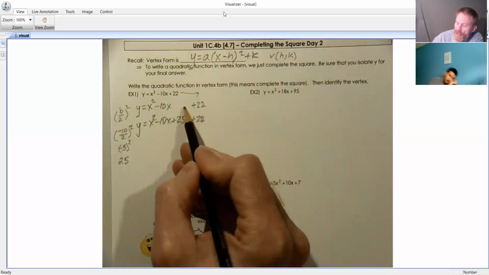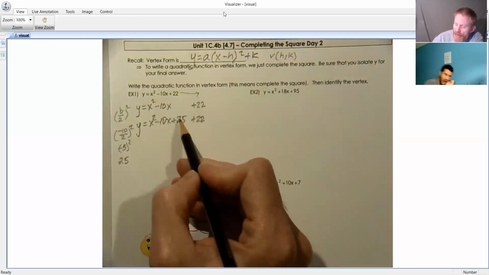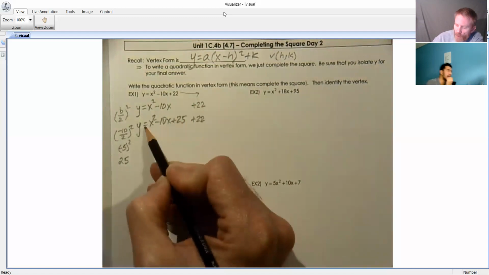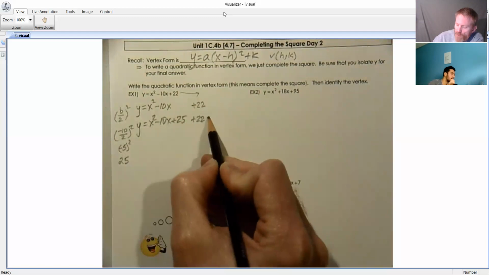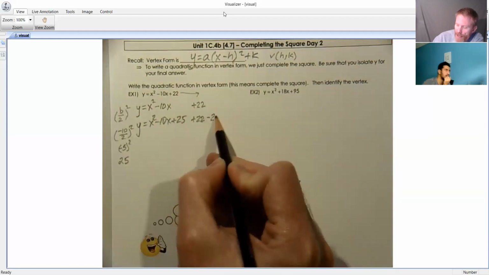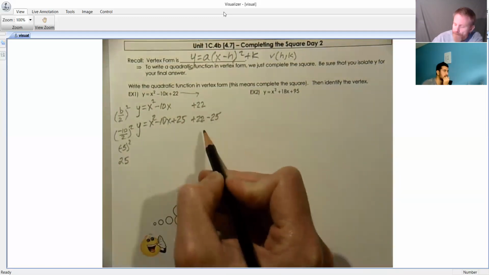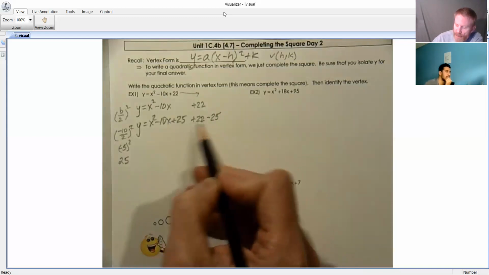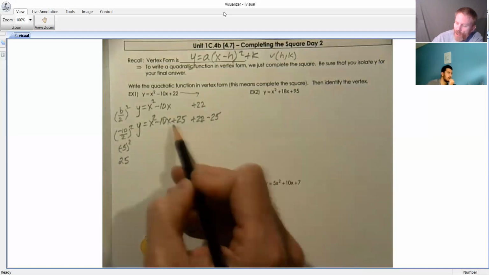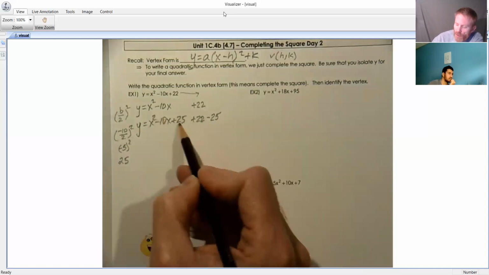So we just push that over. Since we're not working on opposite sides of an equal sign, we're all on the same side of the equal sign, we're actually going to subtract 25 from both sides rather than add it because we're not on opposite sides of the equal sign.